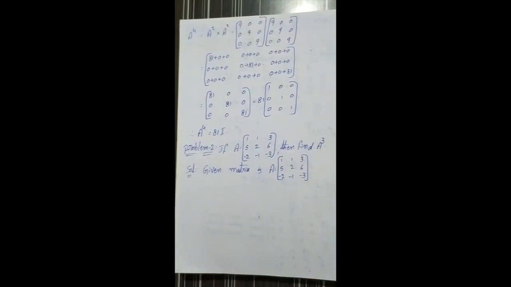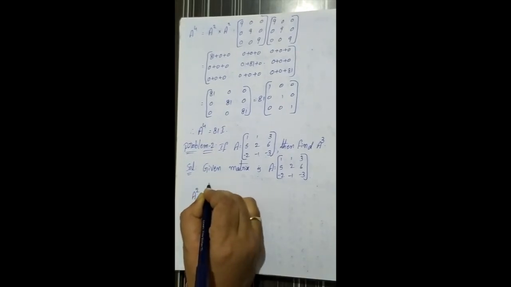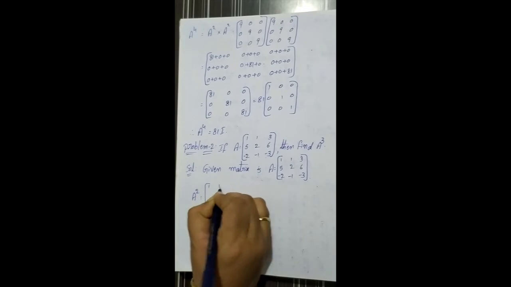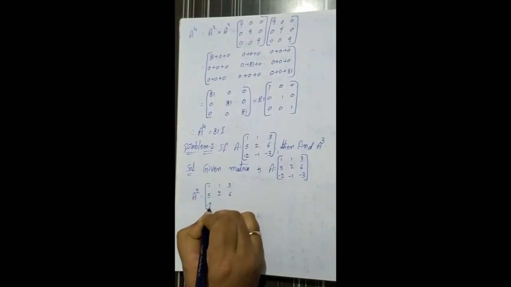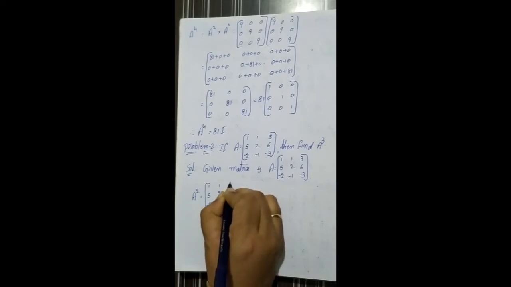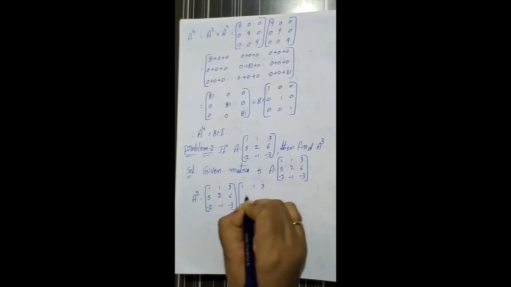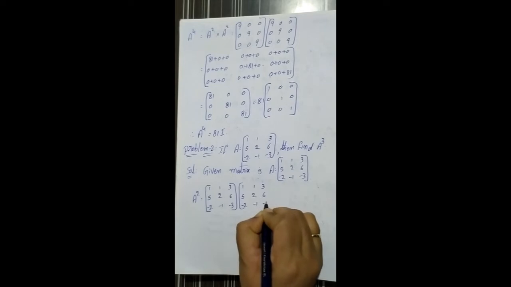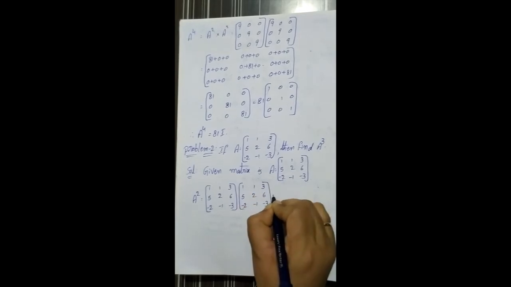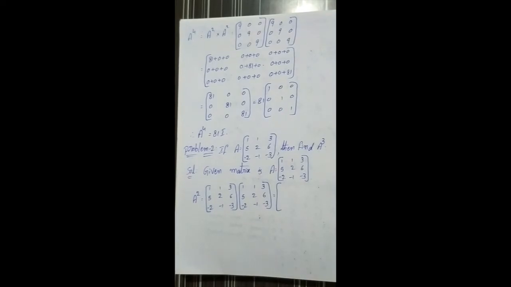A cube means A square into A. That means first we have to find A square. Then A square equal to 1 1 3, 5 2 6, minus 2 minus 1 minus 3 into 1 1 3, 5 2 6, minus 2 minus 1 minus 3.